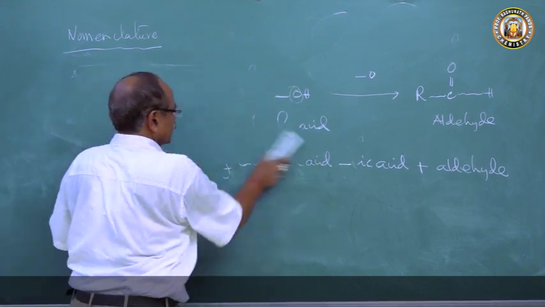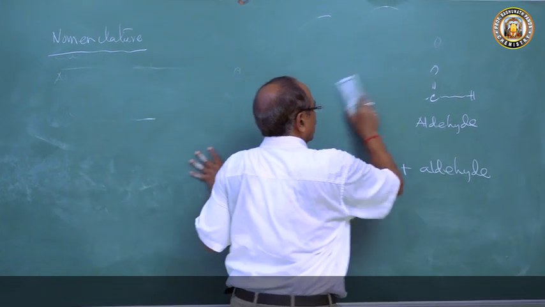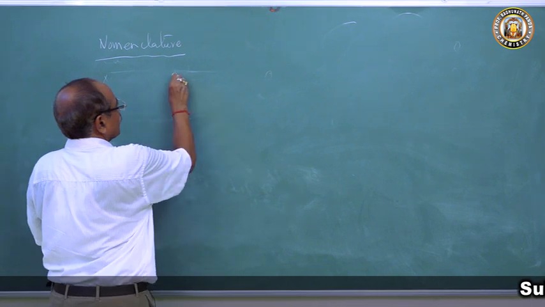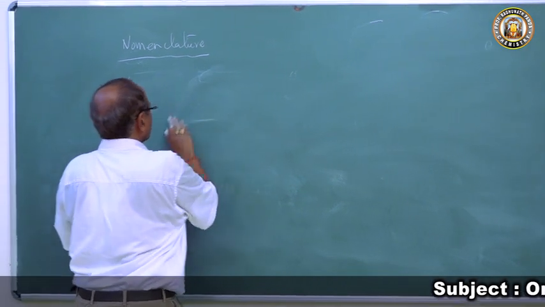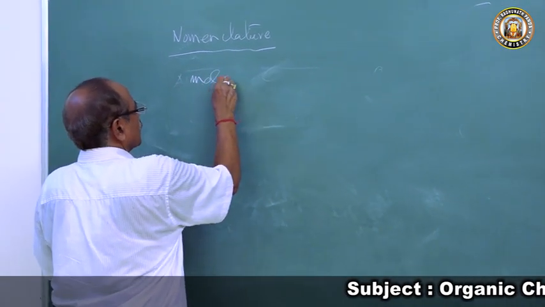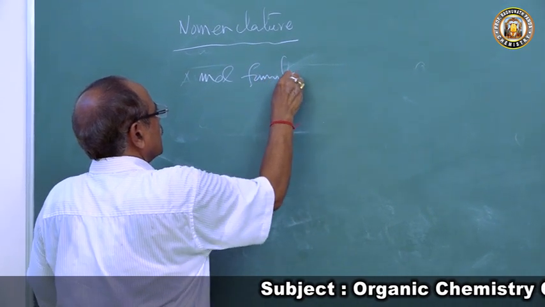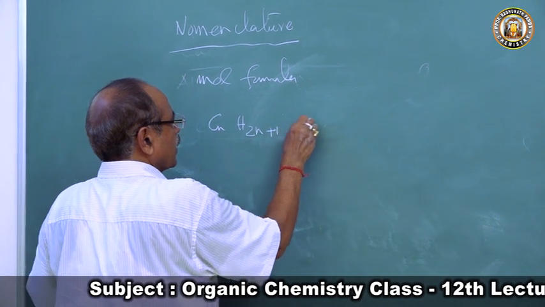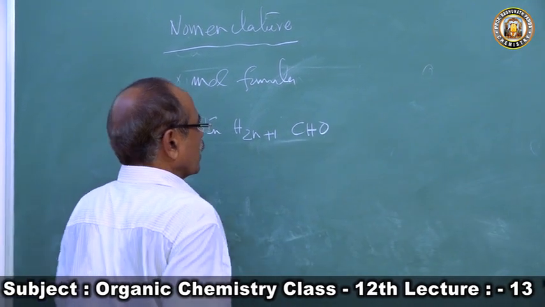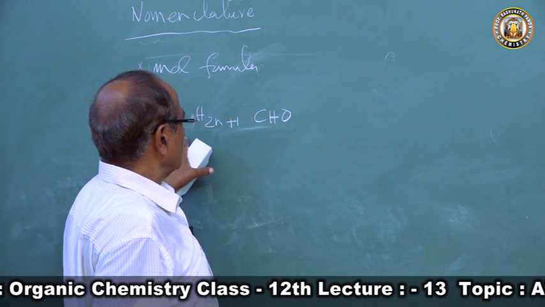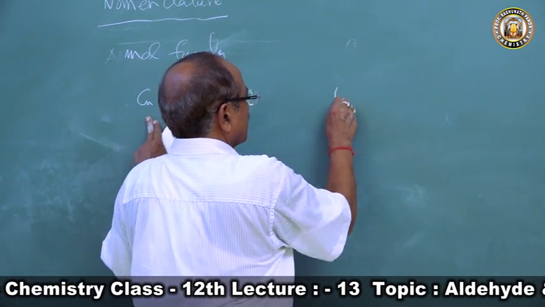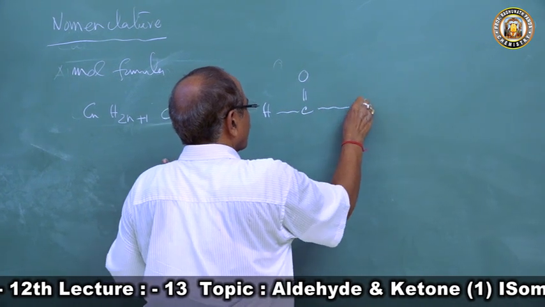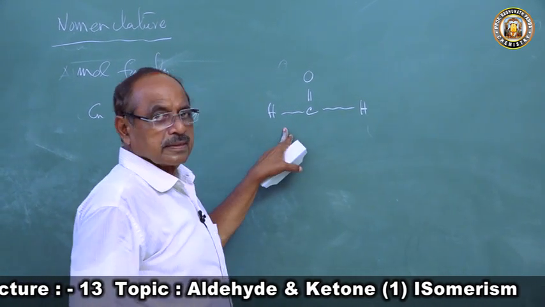Now if we take the formula CnH2n+1 CHO, and if n is equal to 0, you put it, what do you get? We get HCHO. This is an aldehyde.